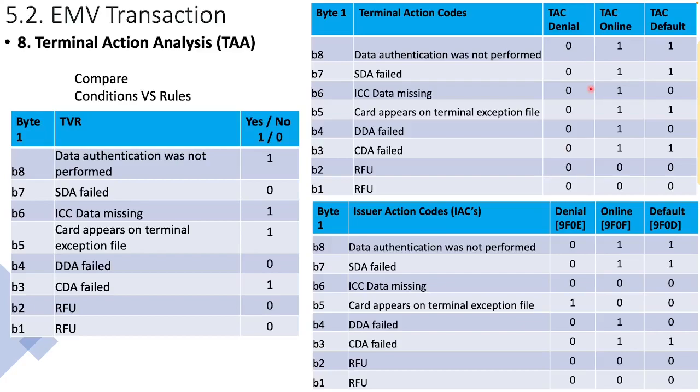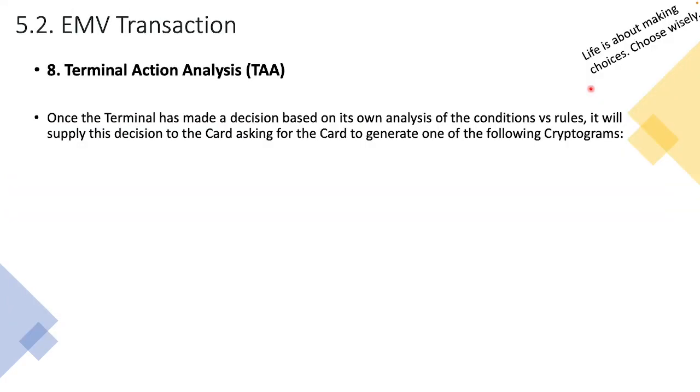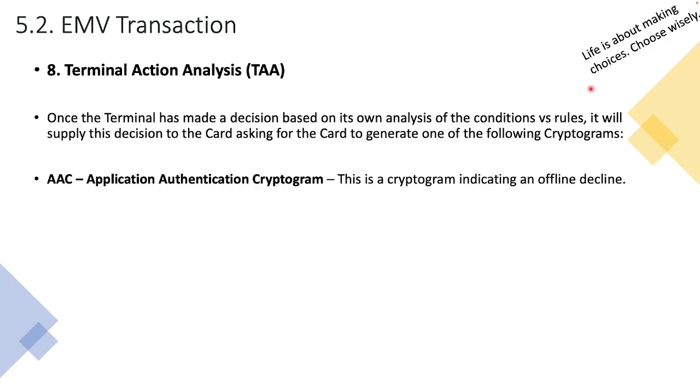Okay, so once a terminal does all of this, it will formulate a decision that it would like to see, and it will then send this decision to the card, and ask it to generate one of the following cryptograms. The strictest one being decline a transaction, which we refer to as an AAC, or an application authentication cryptogram, indicating an offline decline.